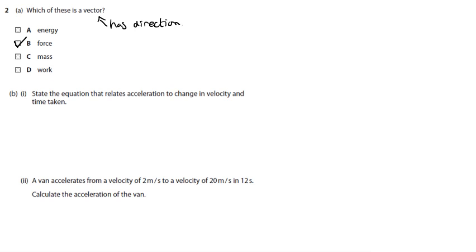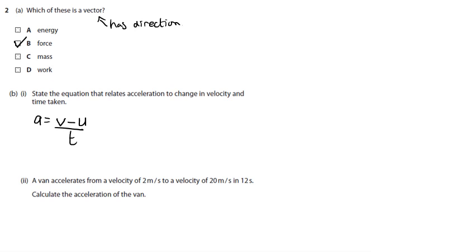B part 1, state the equation that relates acceleration to change of velocity and time taken. So the acceleration is equal to the change of velocity, so that's the final velocity minus the initial velocity divided by the time. And then we've got to use that equation in the second part.